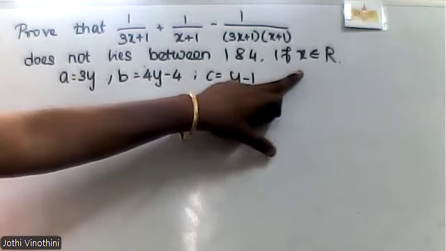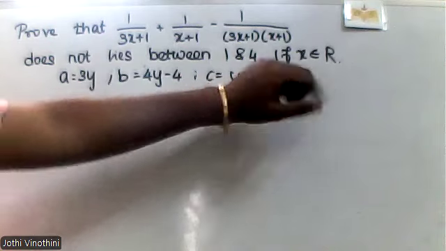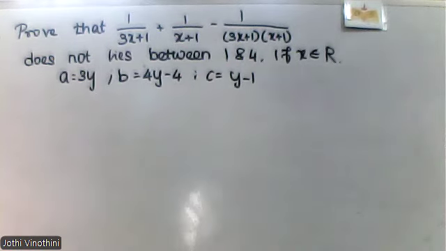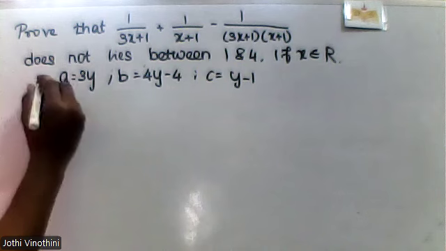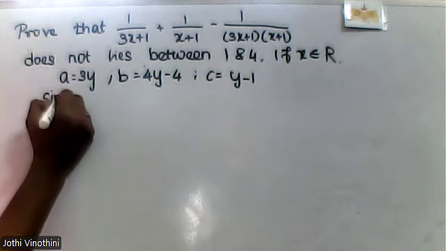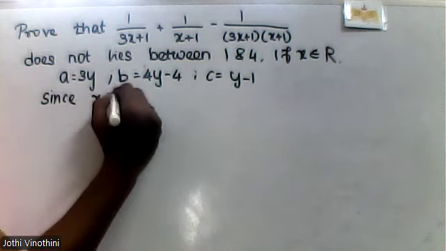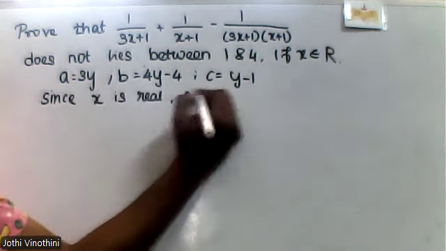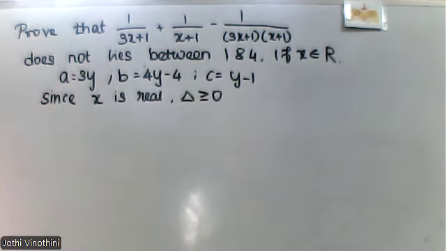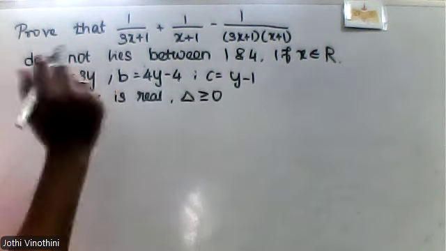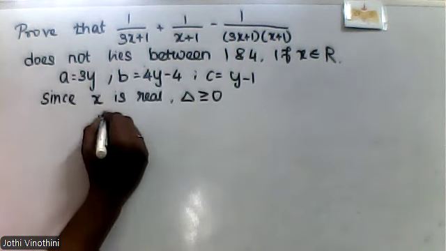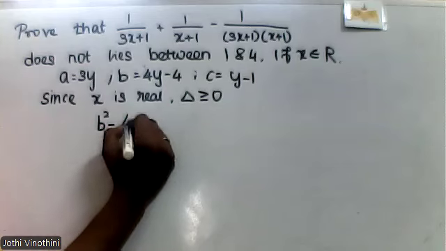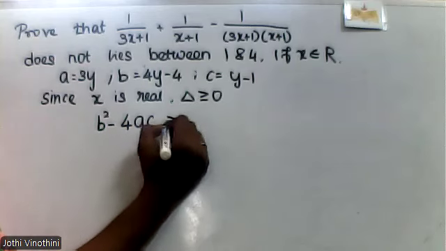So here x belongs to real numbers. Since x is real, we can say that del must be greater than or equal to 0. If del must be greater than or equal to 0, then b squared minus 4ac must be greater than or equal to 0.